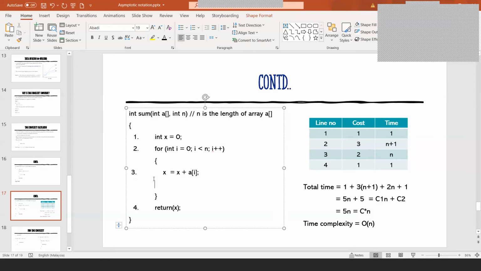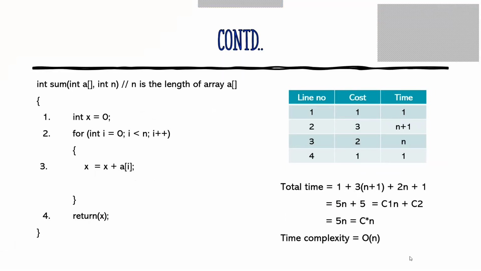Is it clear to you how the cost can change? It depends on the operations inside your loop. Since in this particular loop I am writing the initialization, the less-than comparison, and i plus plus, a total of 3 operations are happening, so your cost is 3.